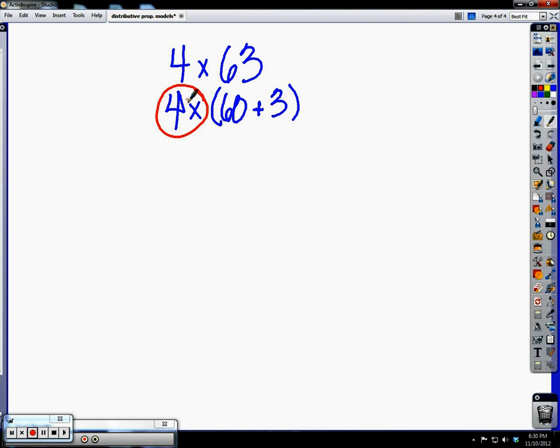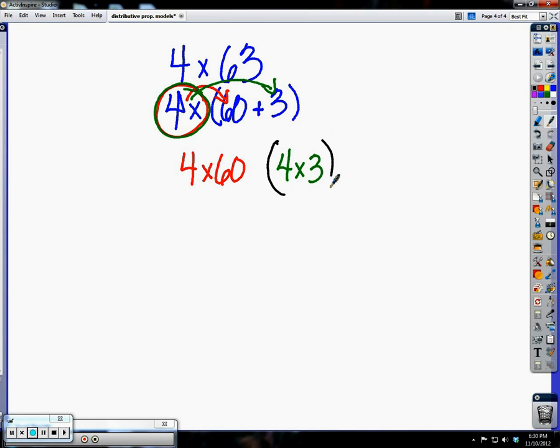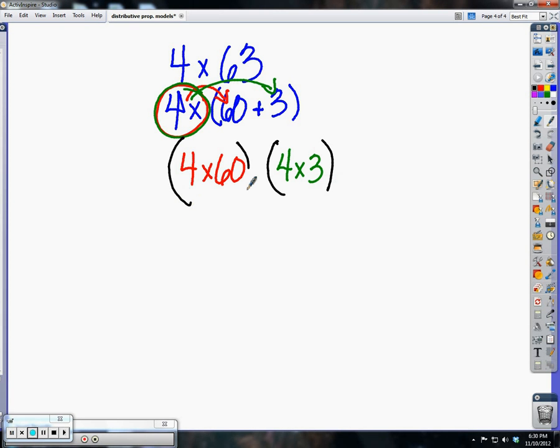So the 4 times would be distributed or given to the 60. Then the 4 times would be distributed or given to the 3. Separately, remember, think back to rectangles. This would be the larger rectangle in red, and the green would be the smaller rectangle.